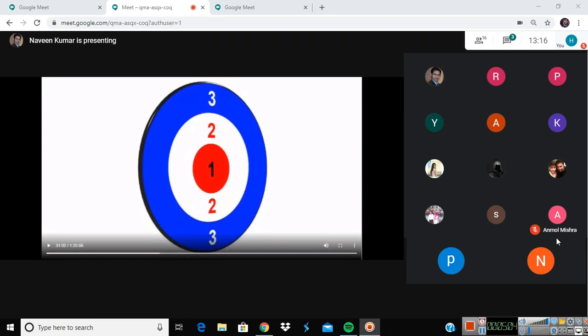Let's suppose on your screen, the screen is visible. You can see here one red circle at the center on the target. This is your true value, the most true value that we are going to measure.